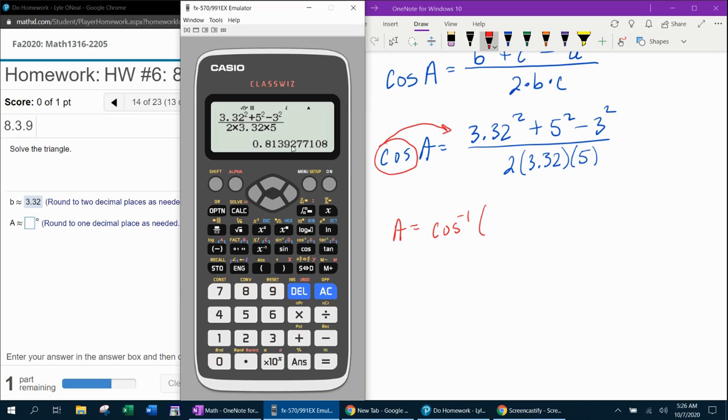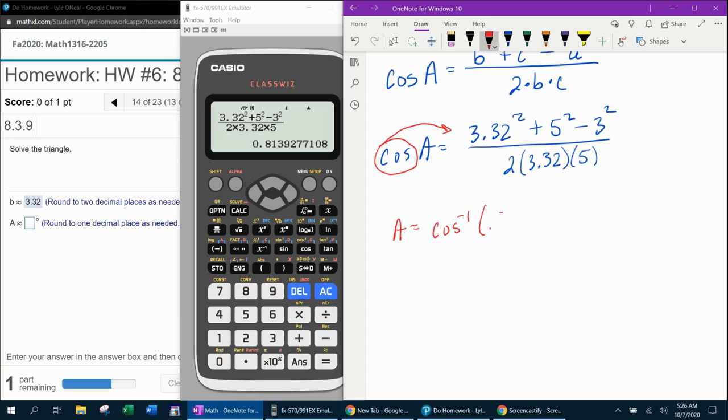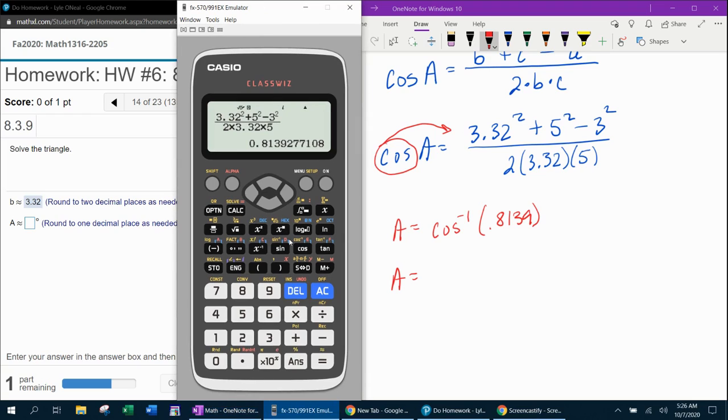We probably need to take that to at least 4 decimal places just to make sure that our angle is accurate. And so I'm just going to do the inverse cosine of this answer, which uses the entire decimal number. I need to round that to 1 decimal place: 35.5.